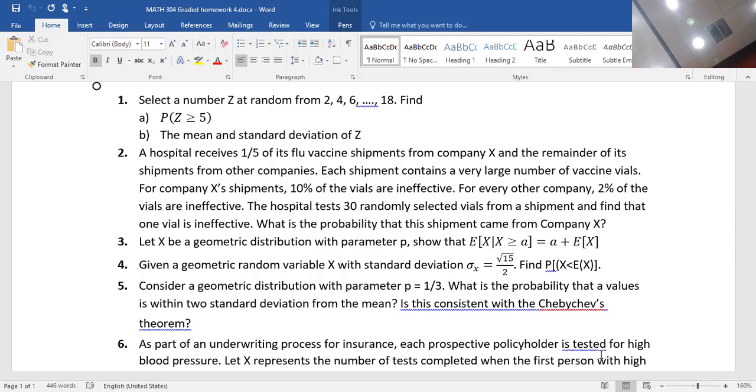P of X less than A is 1 minus P. P of X less than or equal to 7 is equal to P of X less than 8, which is 1 minus.